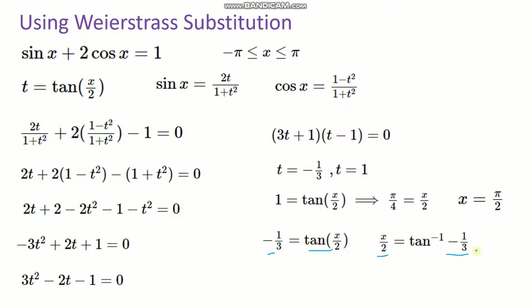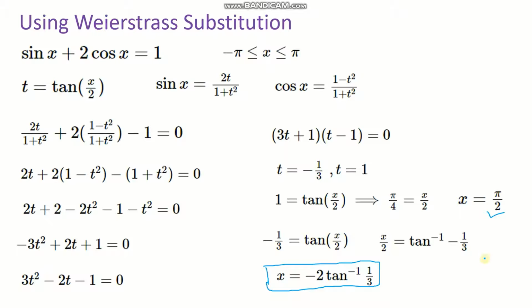It's a property that the inverse tangent of a negative is the same as the negative inverse tangent of 1 over 3. Multiplying both sides by 2, we have x equals negative 2 inverse tangent of 1 over 3. So we have another solution at negative 2 inverse tangent of 1 over 3. We're done with the Weierstrass substitution.